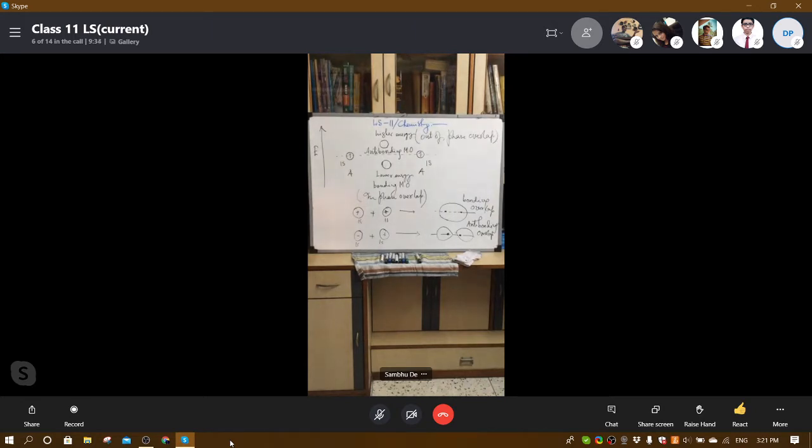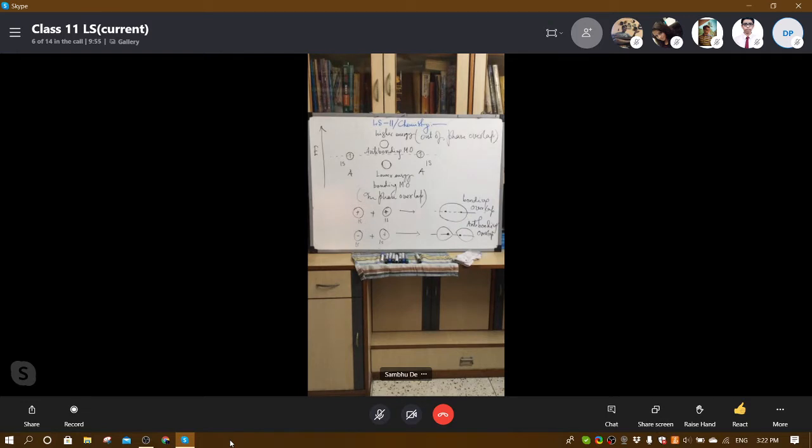Now, how will it appear when s-s overlap is there? Is it like when p-p overlap direct is there? When p-p overlap lateral is there, pi bonding, all are there. In phase, out of phase. Both cases there will be in phase and out of phase, two orbitals.